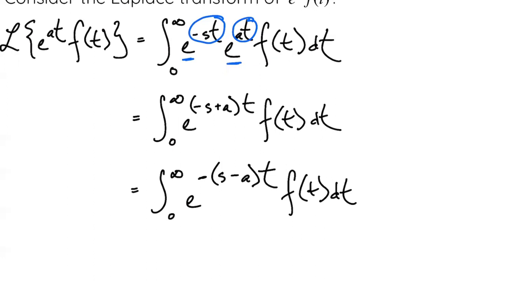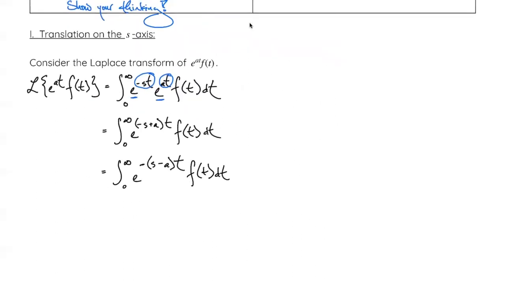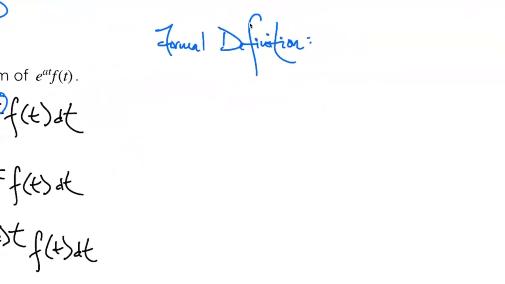Now, why would we bother rewriting it? If we revisit that formal definition real quick. All right, and when I say formal definition, I mean we're going to look at the structure of the formal definition, not that we're going to reprove it or anything like that, okay?